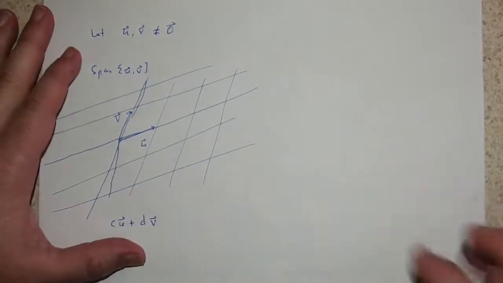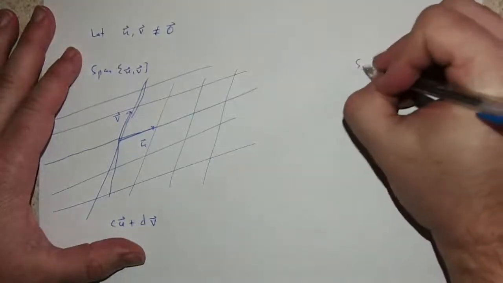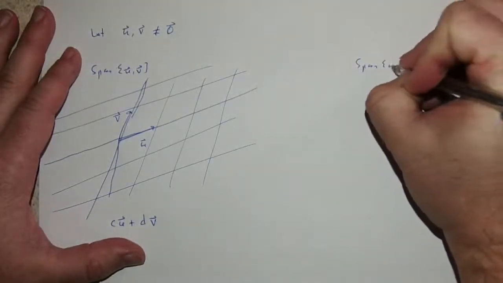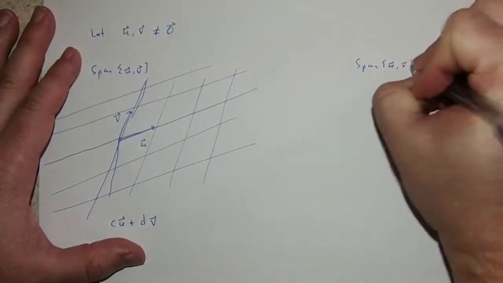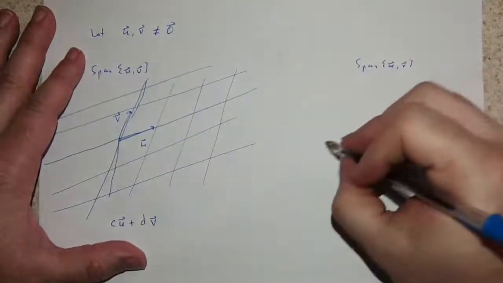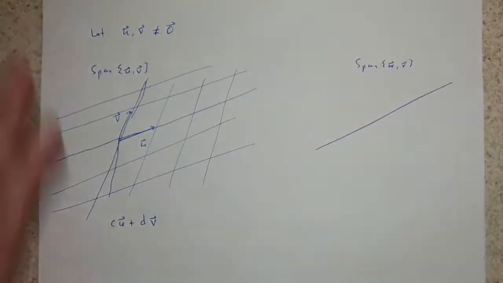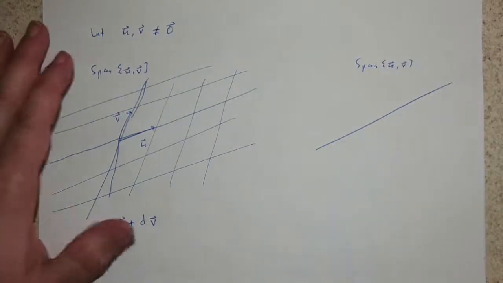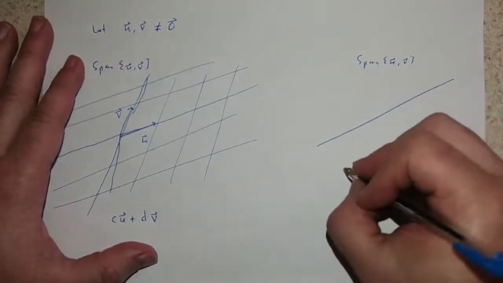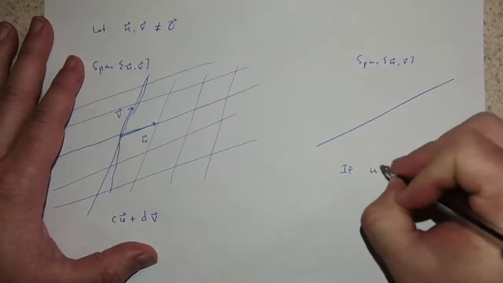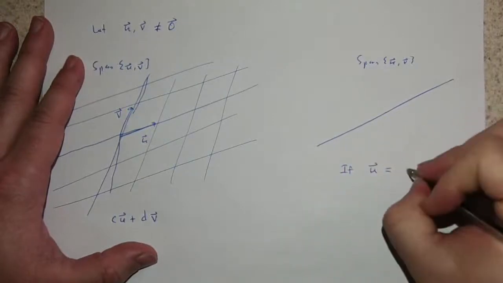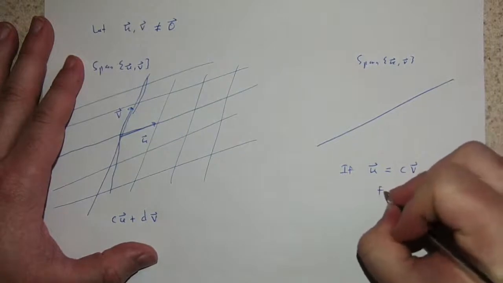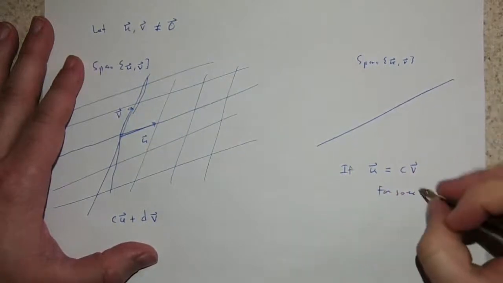But sometimes, when you look at the span of u and v, what you get is not a plane, you just get a single line. Well, when do you get that? This is if u is equal to cv for some c.